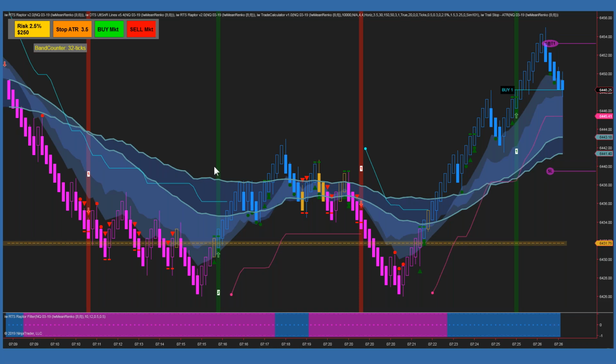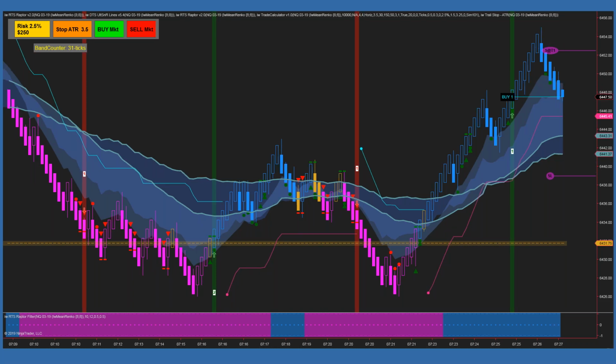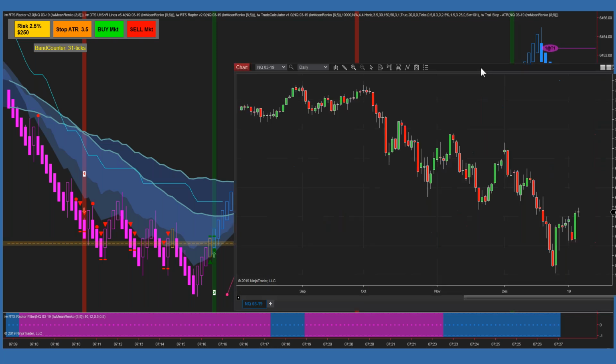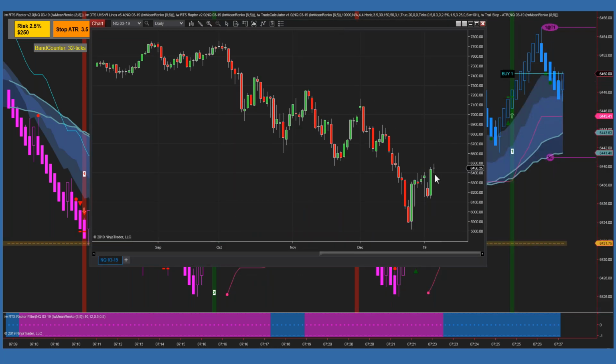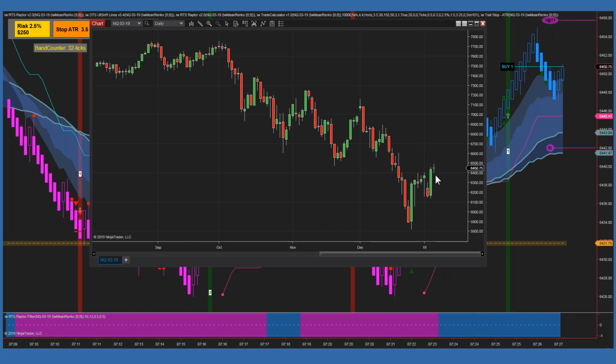I don't think we've actually moved all that far today. Where's my daily chart? Yeah. So here's the daily. Here's today's session. Look at that. We're pretty much right where we started the day. Just a tiny little doji style bar right now.